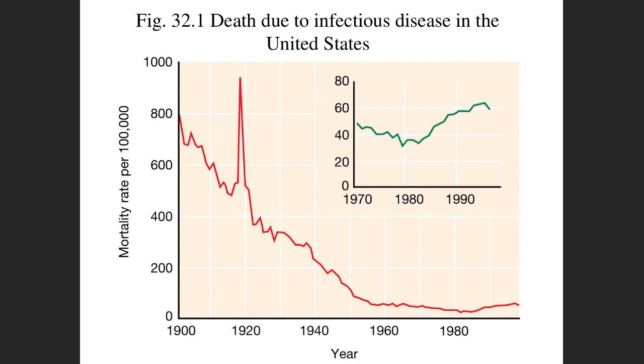Does anyone want to guess what happened? I mean, this spike was real, but why? Does anyone want to take a guess? Why do we have such a high mortality in 1917 to 1919, 1918? Anyone want to guess? Put it in the chat. What happened?